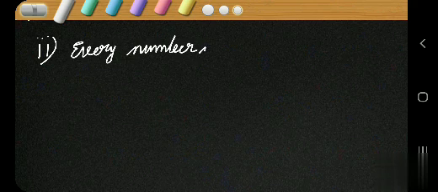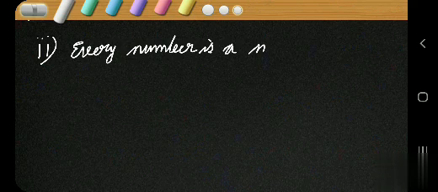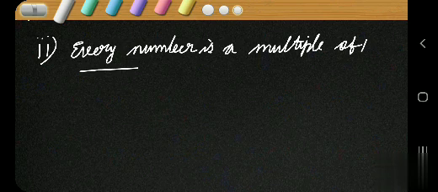Second property: every number is a multiple of 1.